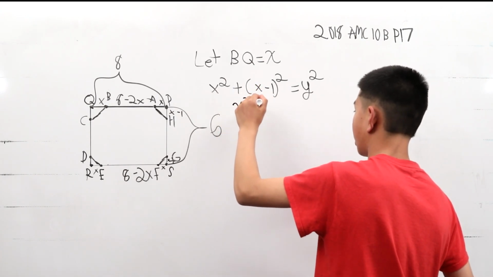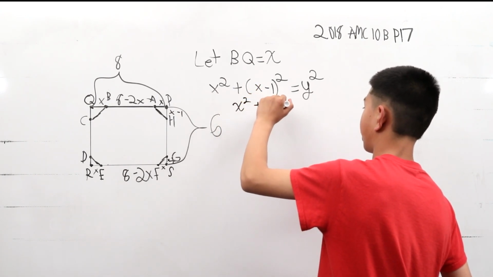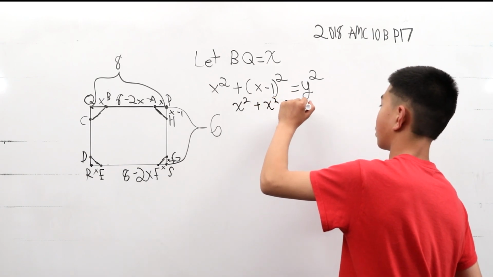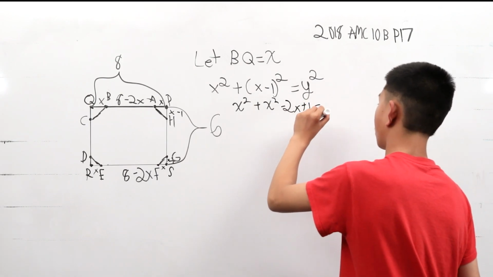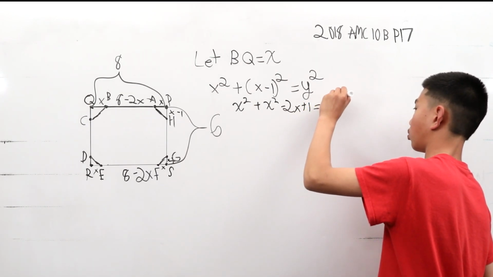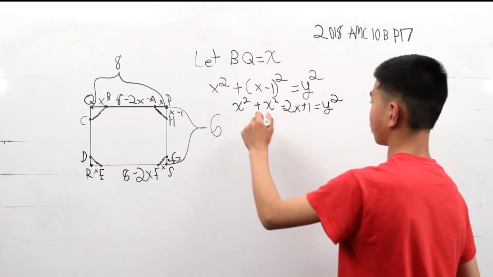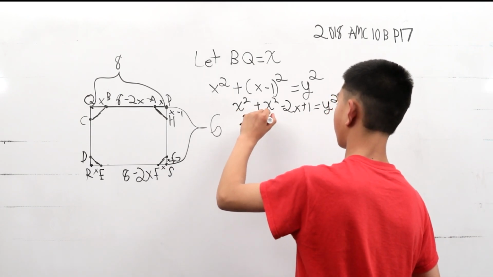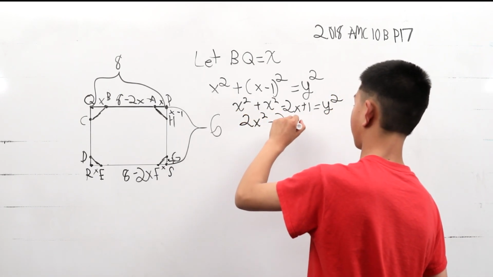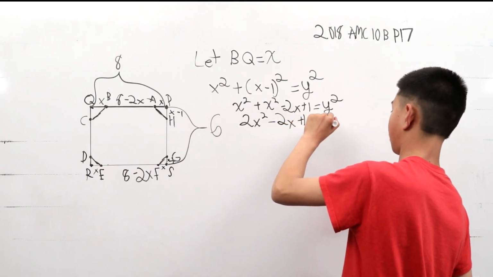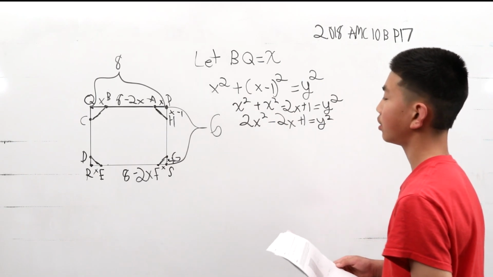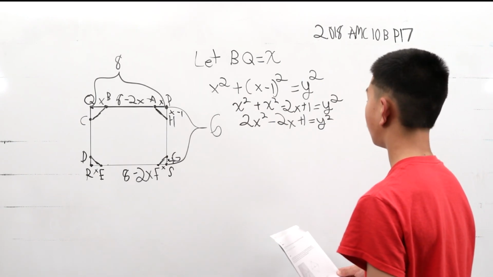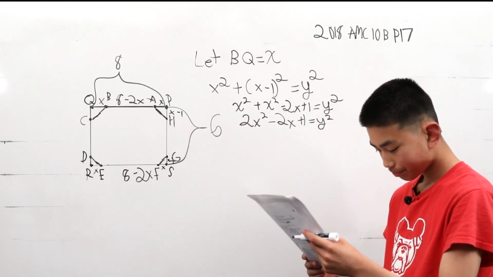This is x squared plus x squared minus 2x plus 1 equals y squared. This becomes 2x squared minus 2x plus 1 equals y squared.